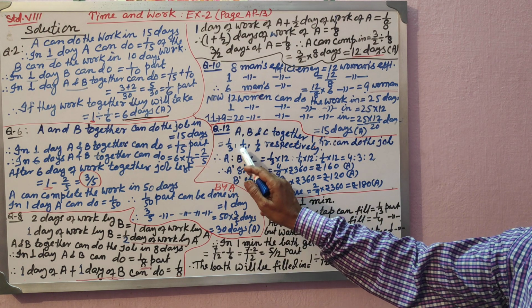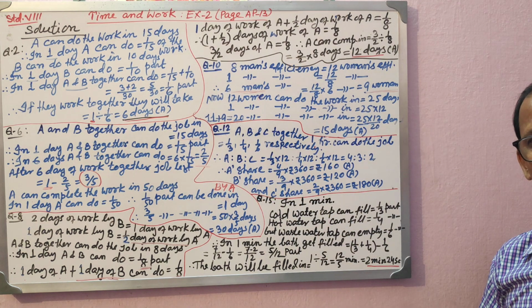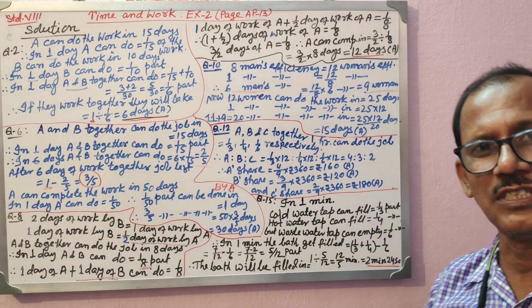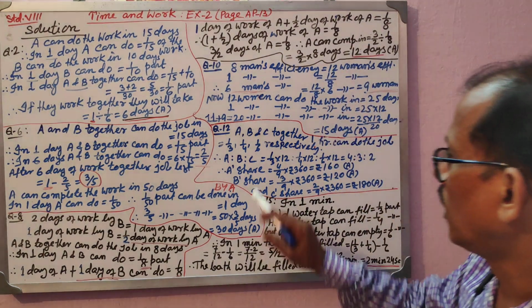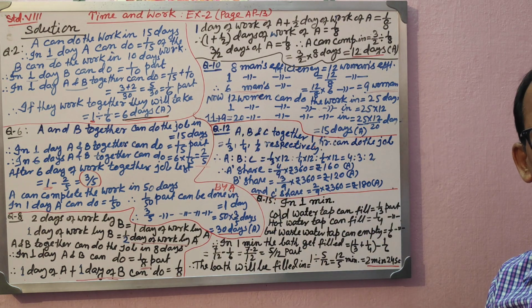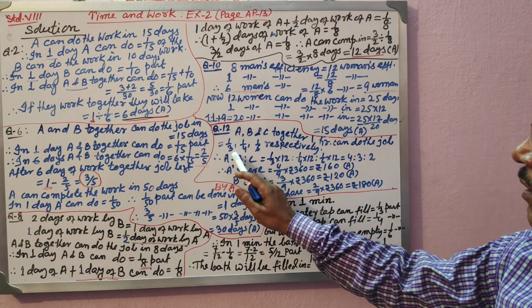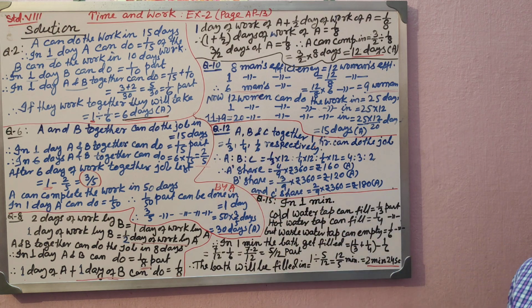1 by 3 is to 1 by 4 is to 1 by 6, because in one day we have counted their efficiency. According to their efficiency they will get the wage. If you convert that into a whole number ratio, the LCM of the denominators will be 12.